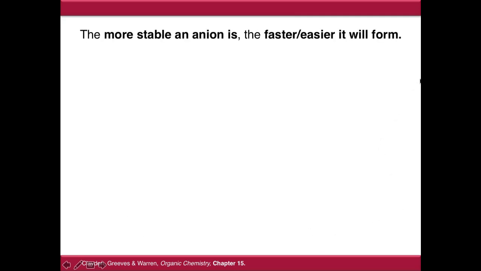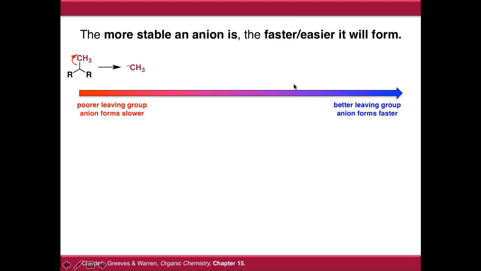So we looked at leaving groups previously, and we said that the more stable an anion is, or the more stable a species is, the faster or easier it will form. So if we look at a series of leaving groups, so here is a theoretical leaving group, because methyl would never really do this, but if methyl leaves as a leaving group, you form CH3-, which is a deeply unstable anion.